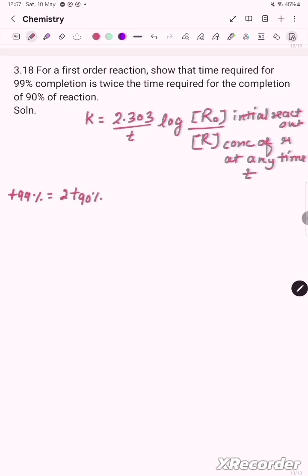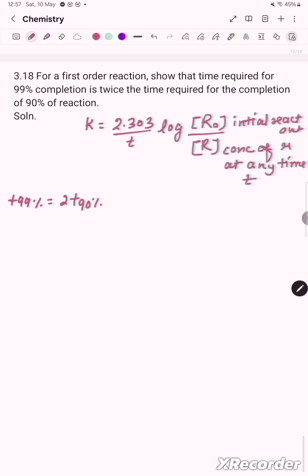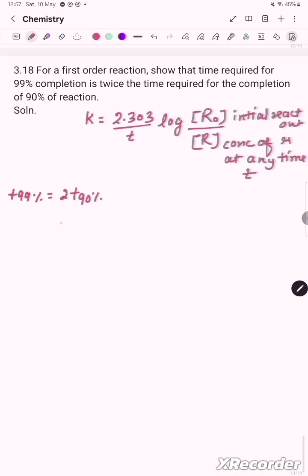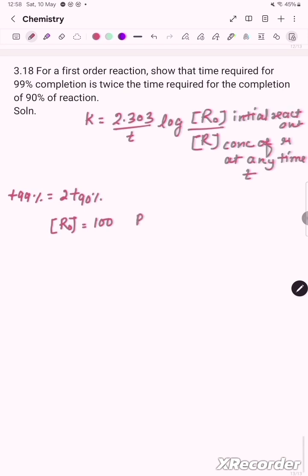reaction. So for 90% of the reaction, we know that initial reactant is, suppose 100, and 90% of reaction is completed, means remaining reactant will be 100 minus 90, that is 10, because 90% is completed. So this is the value we have to put in this equation.